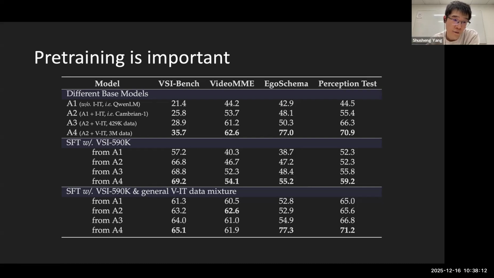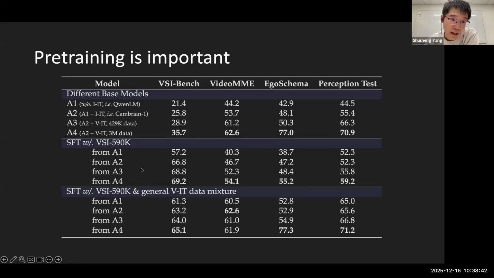And the last video model is our Cambrian-1 model fine-tuned on 3 million video data with more data. And we can see from A1 to A4, the performance on VSI-Bench, Video-MME, or EgoSchema are all increasing. And then we fine-tune these 4 models with the VSI data only or with the general video data.